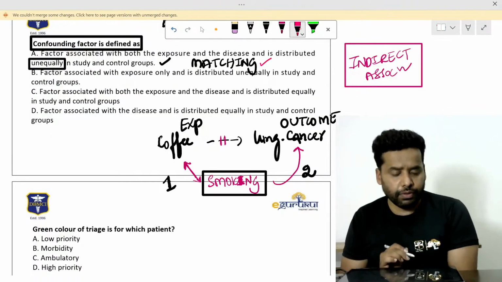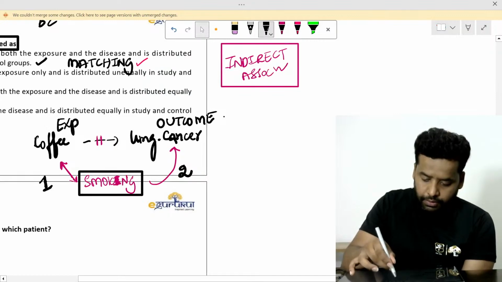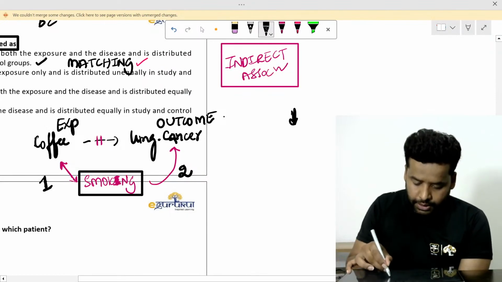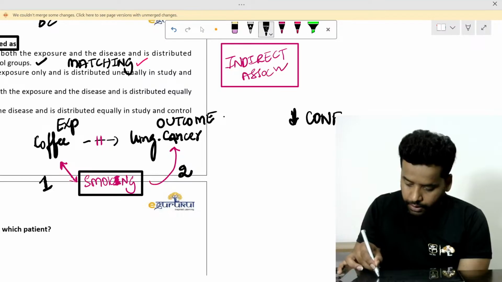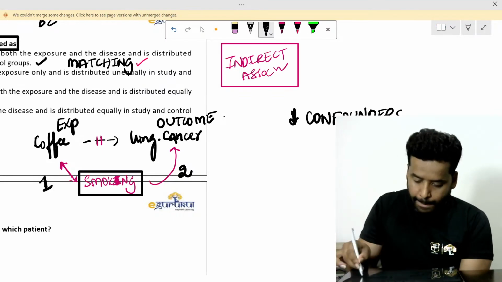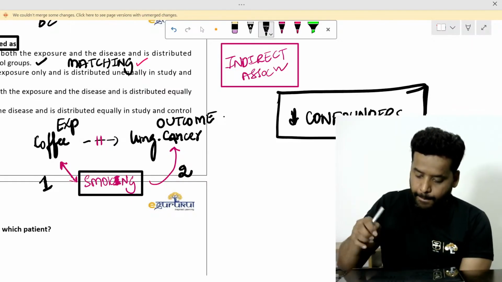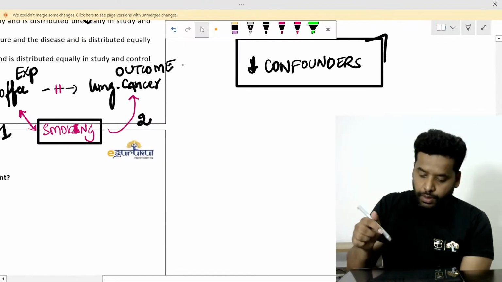There are so many ways of reducing confounding factors. Just write down the ways to reduce confounders, I am giving the list. Write one by one.